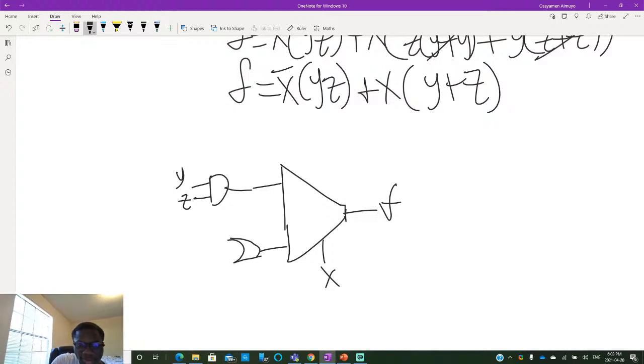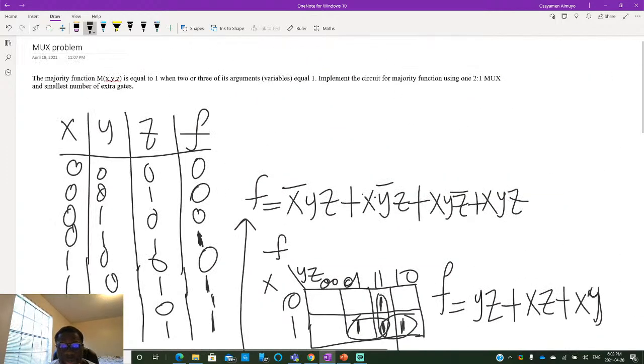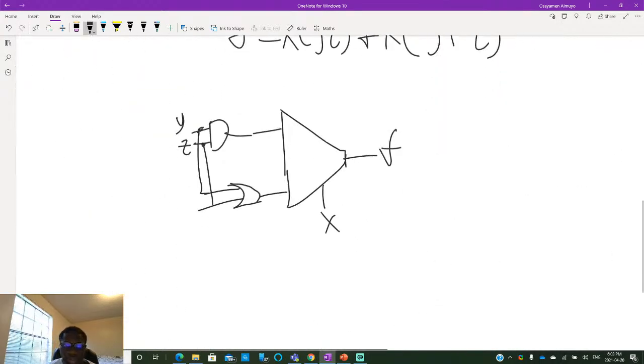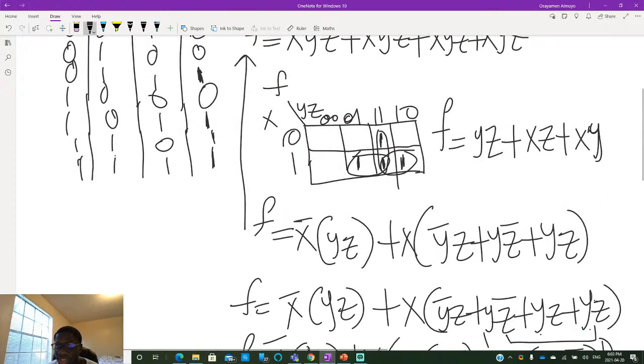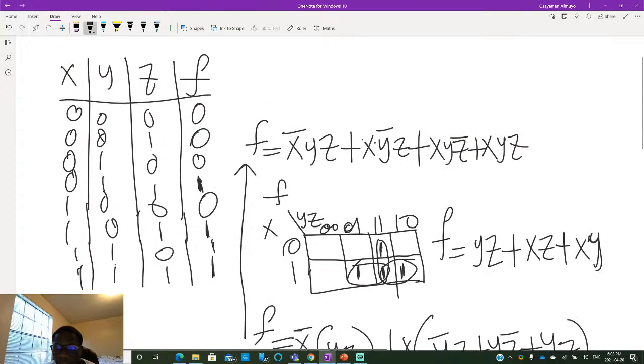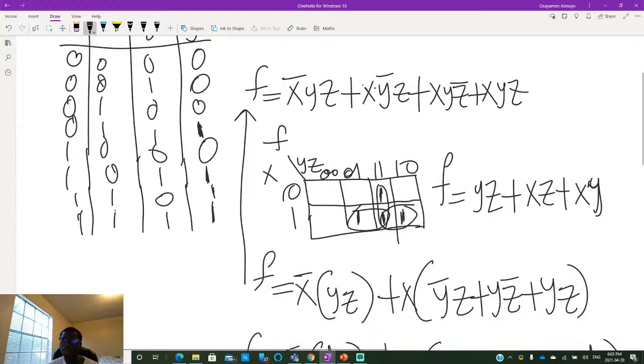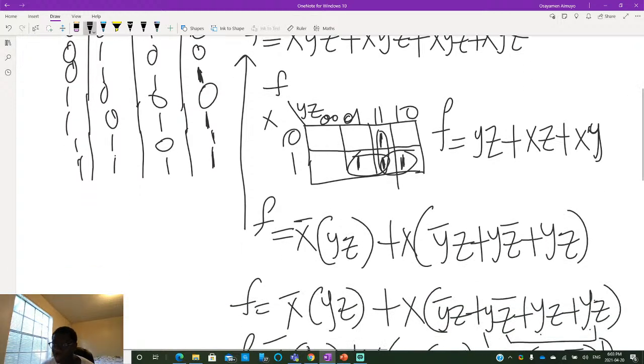Like y or z. And that is our function. So we were able to implement the function using just one 2 by 1 mux and the smallest number of extra gates.